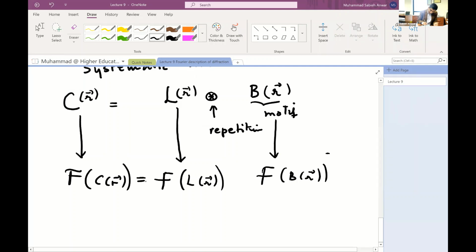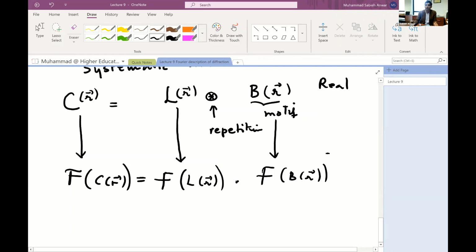So there is a theorem in Fourier theory which says that if in the real space I have the convolution of two functions, in the Fourier space I would simply need to multiply the Fourier transforms.